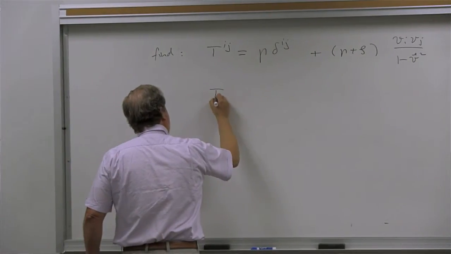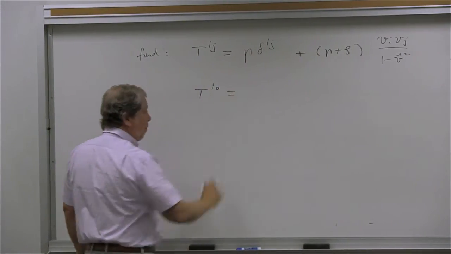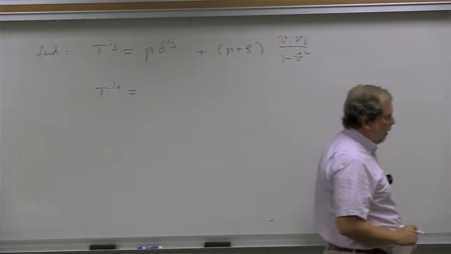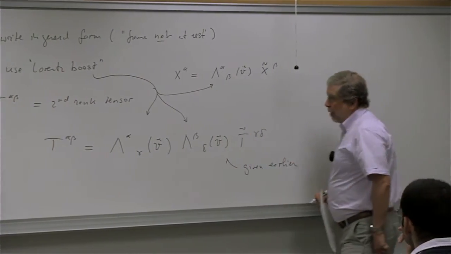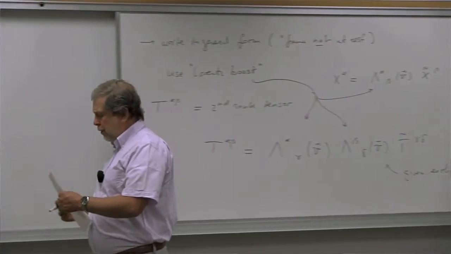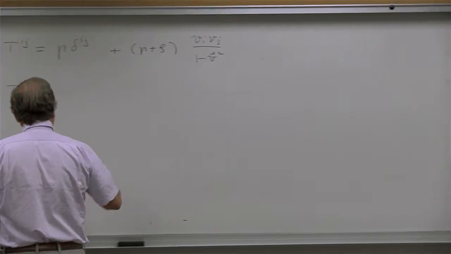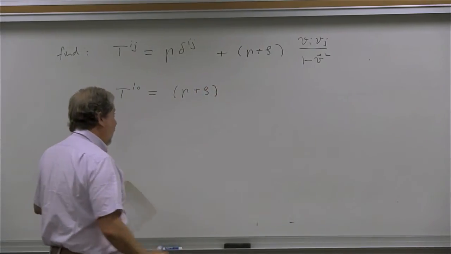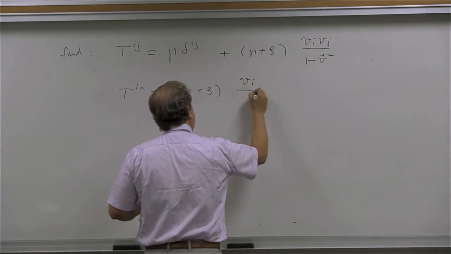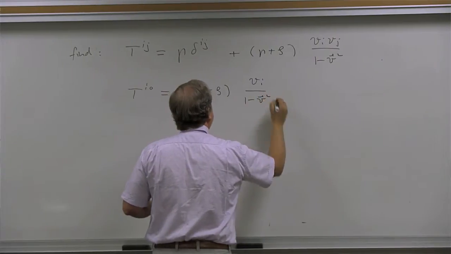The Ti0, well, that was 0 to start with, but of course now, because we're multiplying it by these matrices, it's no longer 0. And so that is (P plus rho) times vi over the square root of 1 minus v squared.